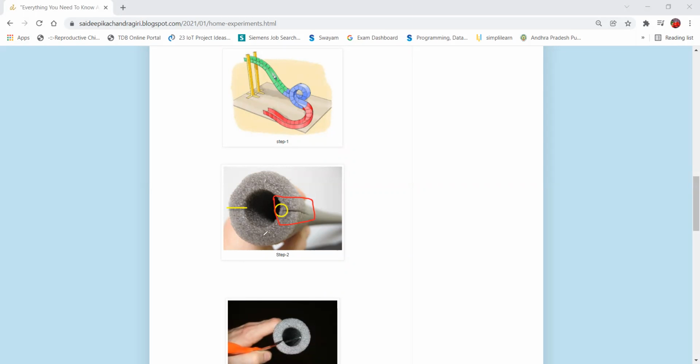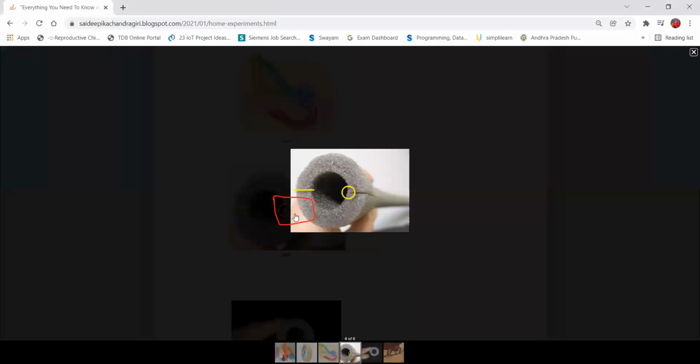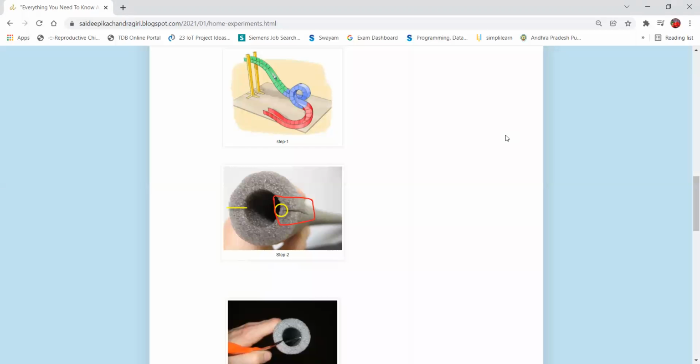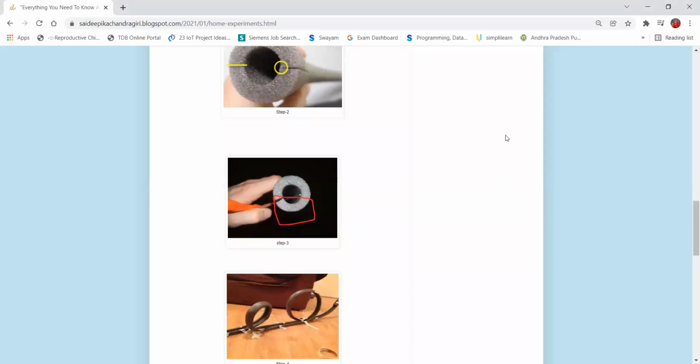Next is the second step, and the third step is in detail how to cut like this. This is the way we have to cut the foam tube. We have to hold it vertically and be very careful while cutting the foam tube.